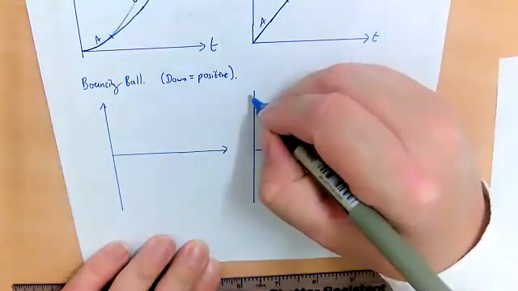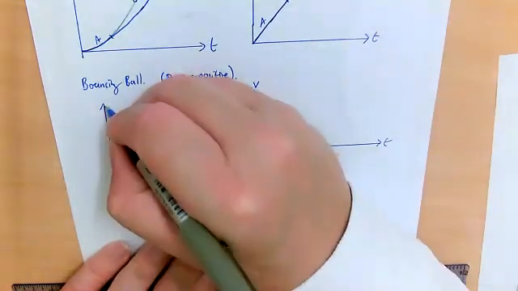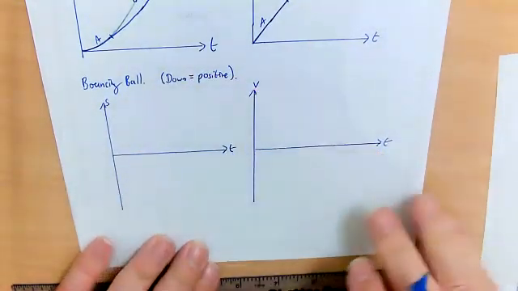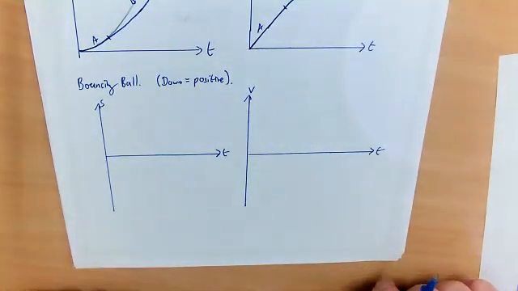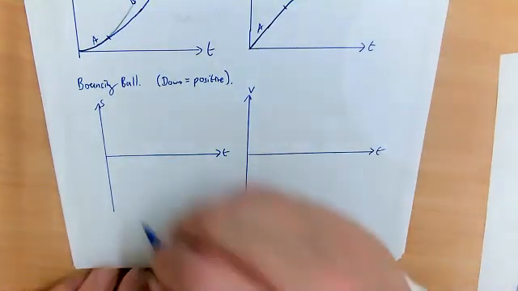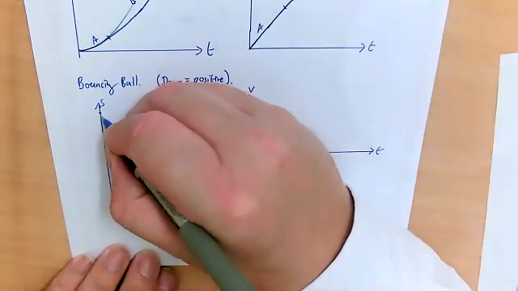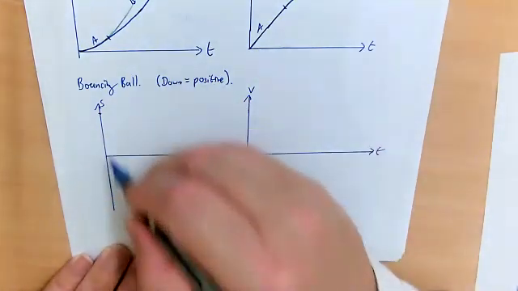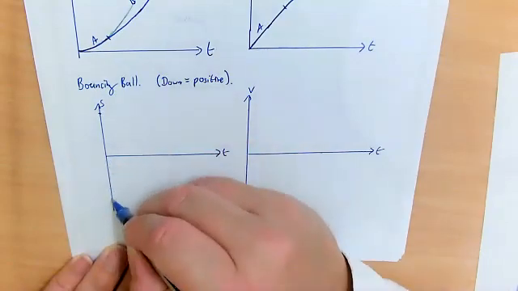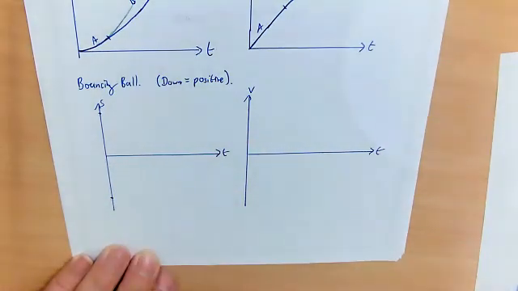So if you've got a bouncing ball, it starts to be dropped from a maximum height. At some point, it will move downwards. Well, if we're saying that down is positive, then its initial height is going to be negative.